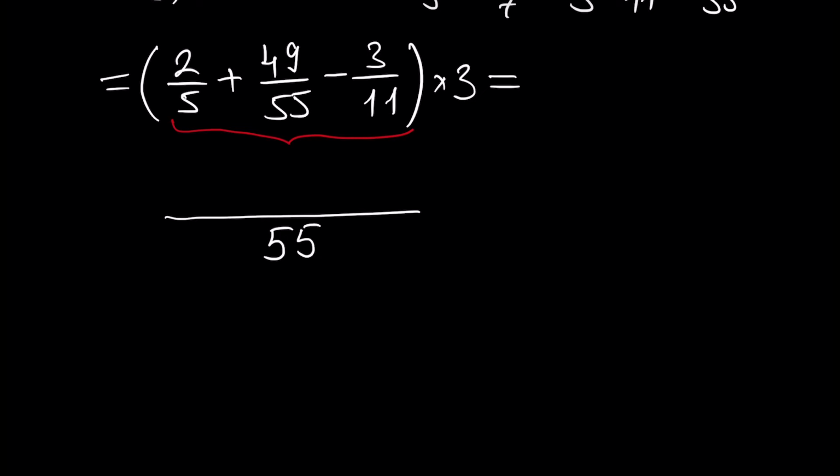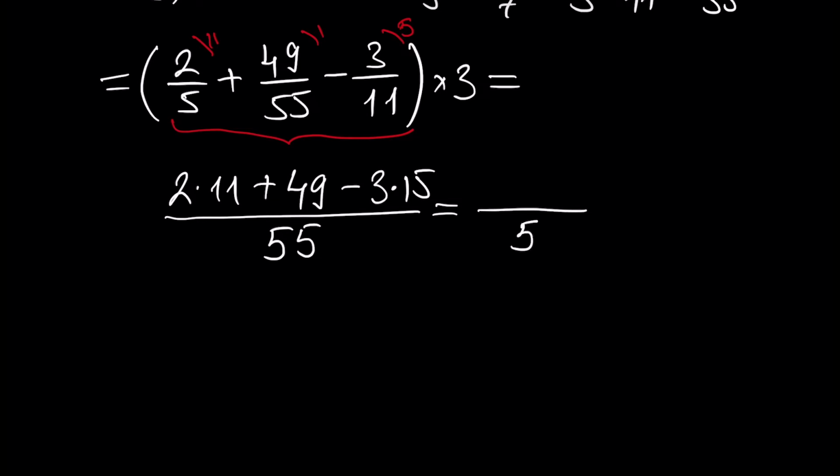Since 55 divided by 5 is 11, and here 55 divided by 11 is 5, we write 2 times 11 plus 49 minus 3 times 5, which is, if we calculate using, for example, a calculator, 22 plus 49 minus 15 is equal to 56, times 3.